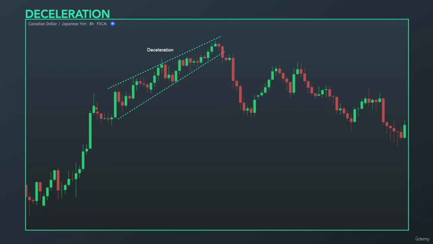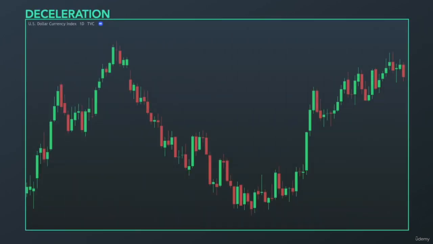So if you are planning to enter a short trade or counter trend trade from this deceleration, you have to wait for a breakdown. If you already have a position, let's say from here, a long position, when you see price decelerating, this is a good time to maybe adjust your stop loss or take some profit.